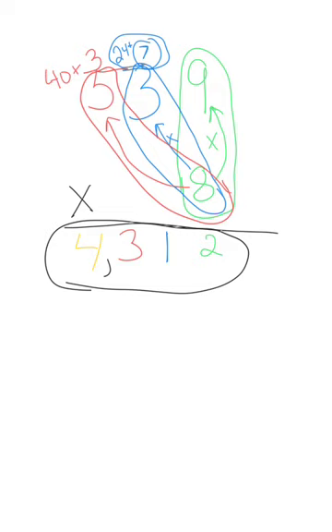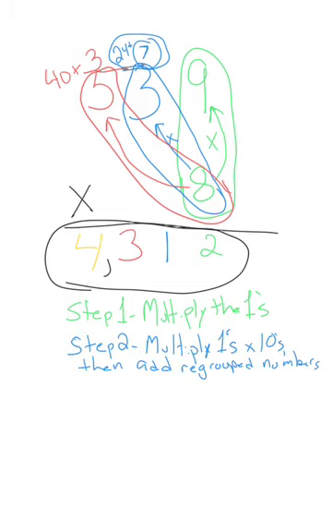Now, for those of you following along, step 1 was to multiply the ones together. Step 2 is to multiply the ones place times the tens place, and then add the regrouped number. In this case, it was the number 7 that is up here.